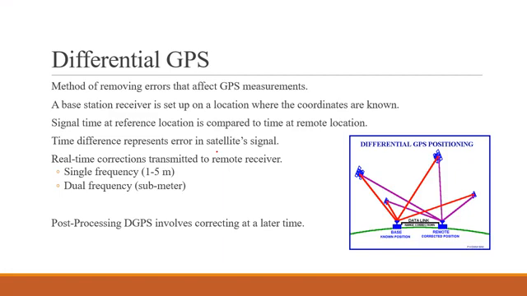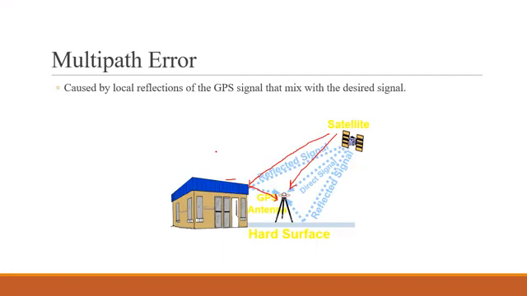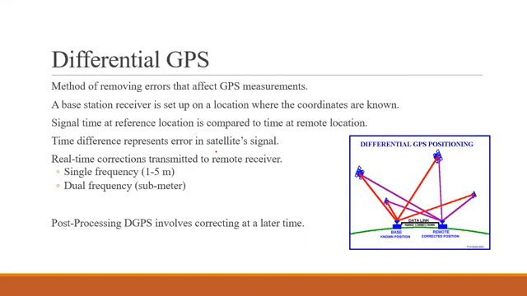To overcome the difficulties in GPS, we use differential GPS. Differential GPS is used to receive an accurate position of an object. It is a method of removing errors that affect GPS measurements. A base station receiver is set up at a location where the coordinates are known.